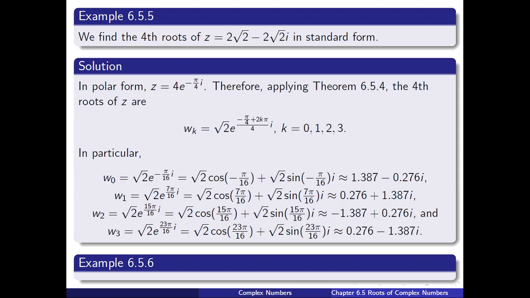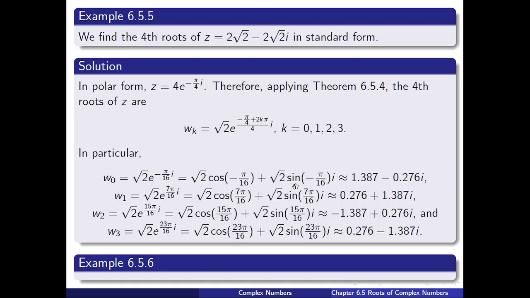Right, so now we want to look at some examples. So we've got example 6.5.5, and it says find the fourth roots of z, where z is given by 2 root 2 minus 2 root 2 i, in standard form. So we want to find the fourth roots and then write them in standard form.